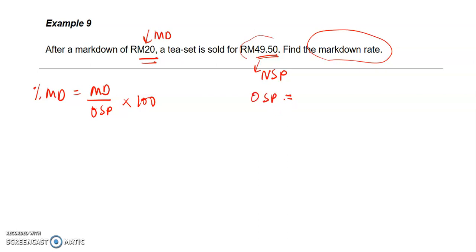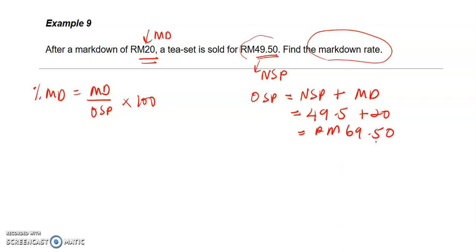To find the original selling price, the formula is the new selling price plus the amount of markdown. Okay, so 49.5 plus 20 ringgit. So RM69.5. So this is the original selling price.